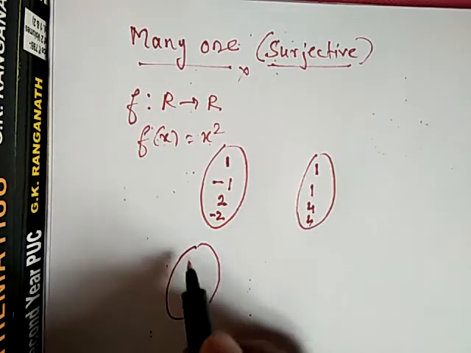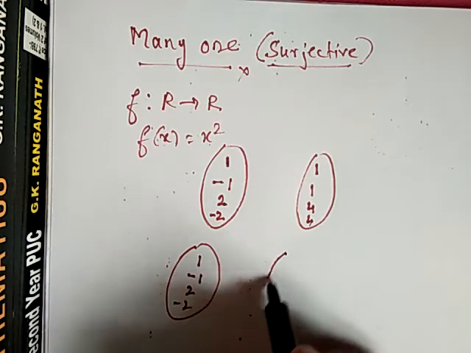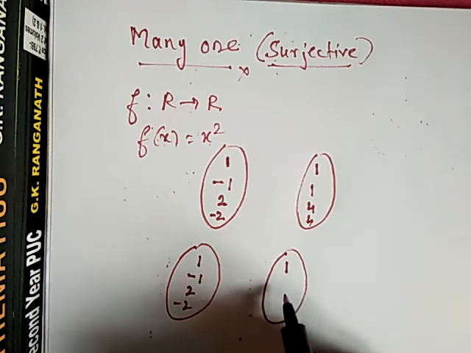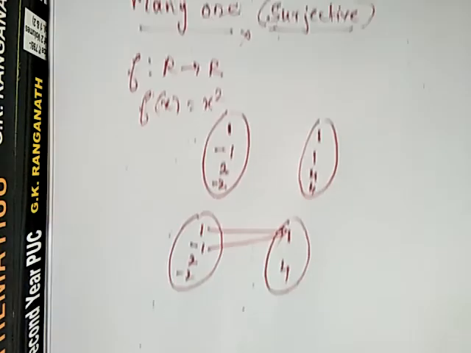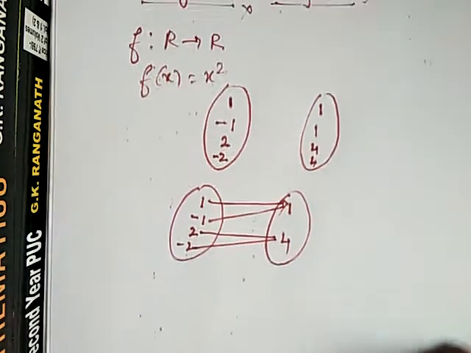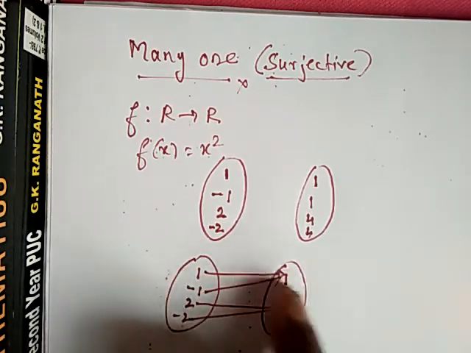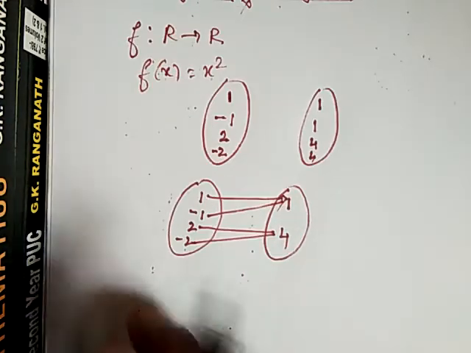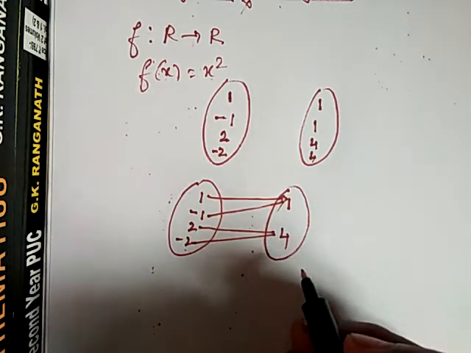You can write 1, -1, 2, -2; when you put these real numbers, you get 1 and 4. These two elements have the same image, and these two elements have the same image. So, many-one, as the name itself says: many elements in the domain have only one image in the codomain.